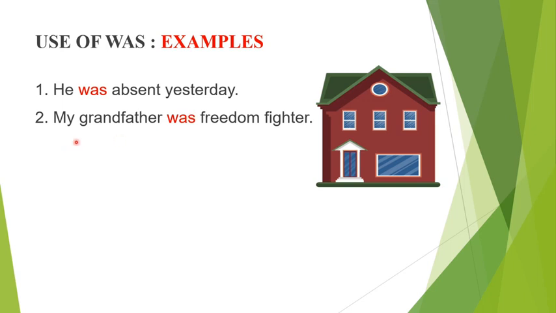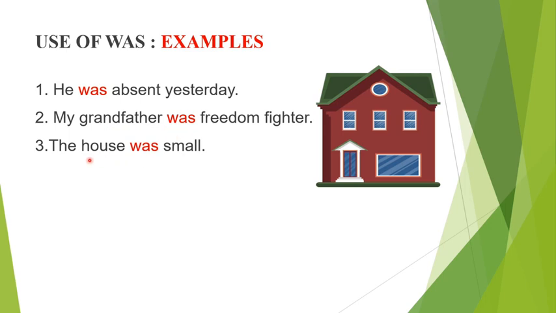Second sentence, my grandfather, one person. We are talking about singular person, right? Singular noun. My grandfather was freedom fighter. So one person, singular noun. So with singular noun, was will be used.